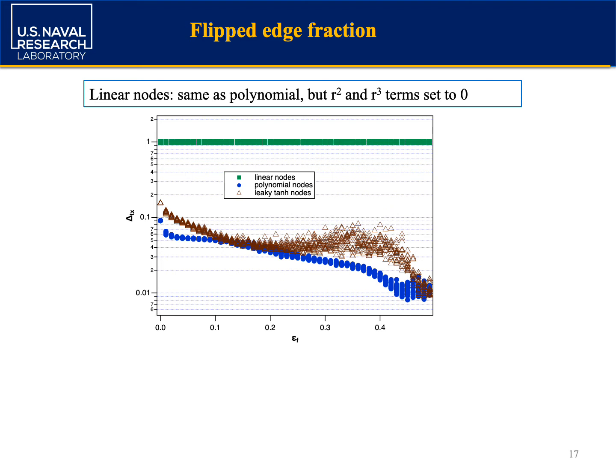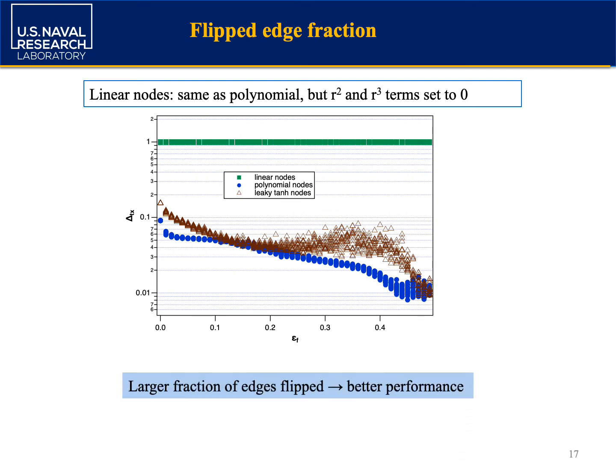I see for both the polynomial and leaky hyperbolic tangent nodes, as I flip more edges, the performance of the reservoir computer improves, the testing error decreases. I do see that the testing error does tend to saturate for the leaky hyperbolic tangent nodes when I get above 0.3 edges flipped, and for the polynomial nodes above about 0.4 edges flipped.